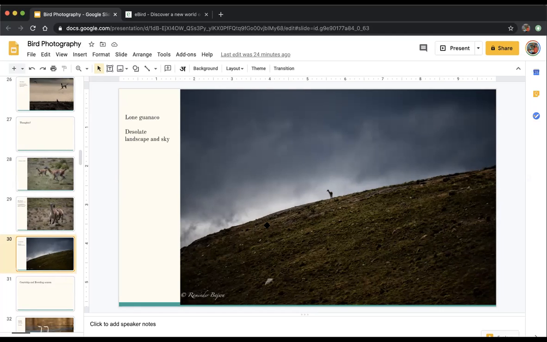I want to take listeners to the first presentation that I made, where I gave some examples. This is a perfect example of less is more, and having good foreground and a clutter-free background, right? So you can see the picture is just outstanding.